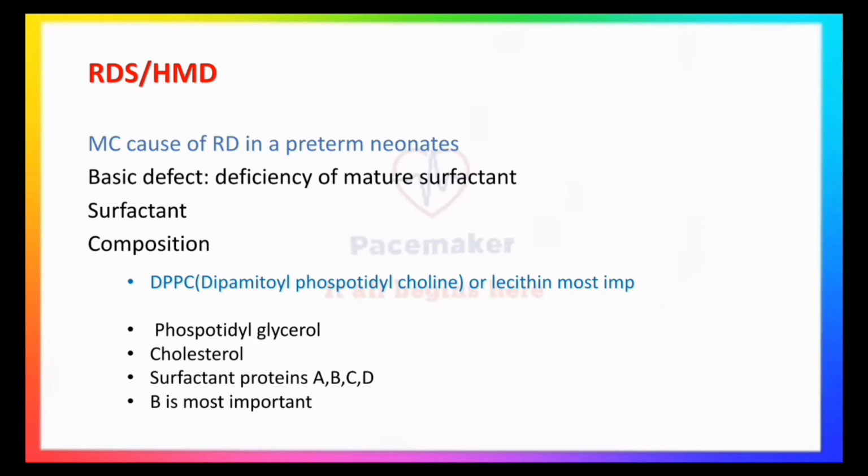It's the most important, and apart from DPPC, it is also composed of phosphatidylglycerol, cholesterol, and surfactant proteins A, B, C, D. Among A, B, C, D, the B protein is the most important, a defect of which causes pulmonary alveolar proteinosis.